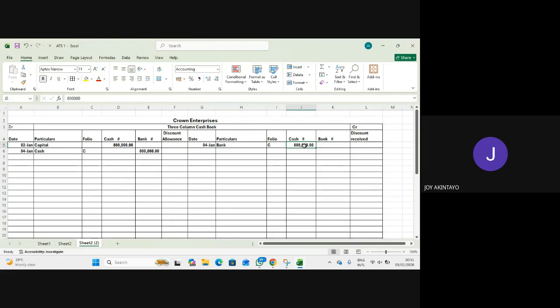Credit the bank. We credit our bank, then we debit. Which accounts are we debiting? Capital account? We are debiting capital.